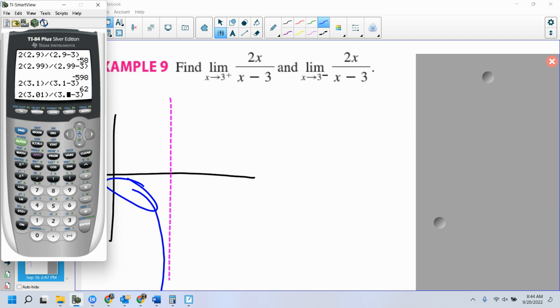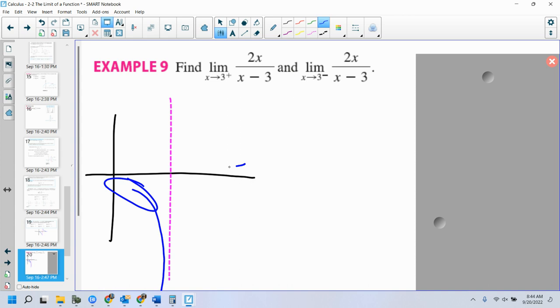That's 602. Okay. So I know the closer I get to 3 on the right, the more positive it gets. Again, I don't know what's happening elsewhere. That's really for chapter 4 to figure out what's going on in other places.